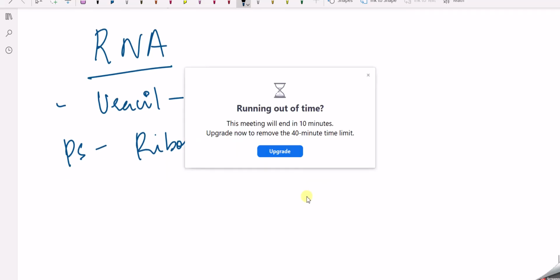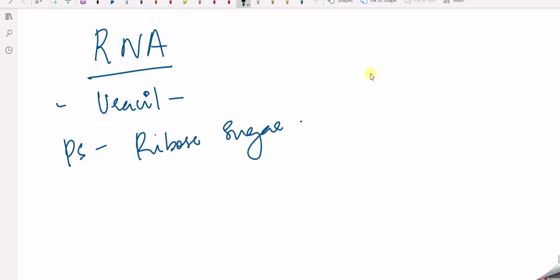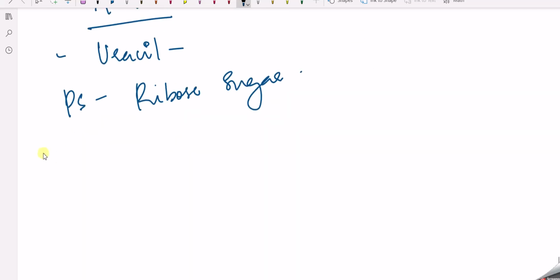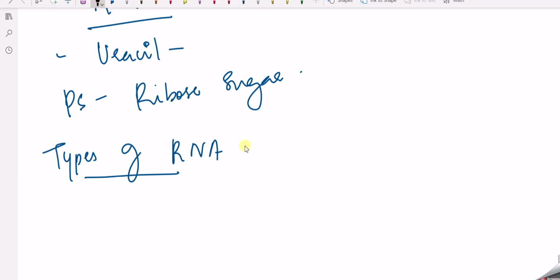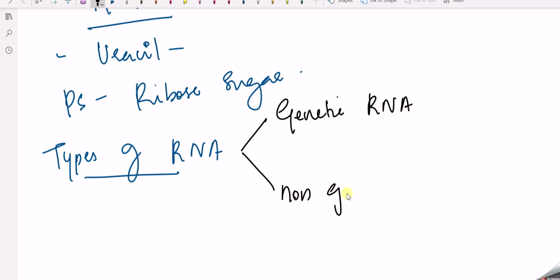Now what are the types of RNA? Broadly, I can divide RNA into genetic RNA or genomic RNA, and non-genomic or non-genetic RNA.